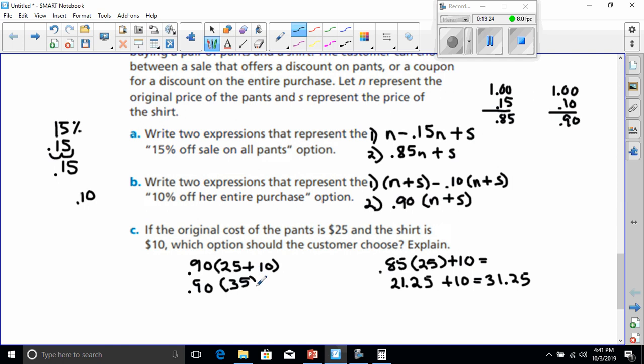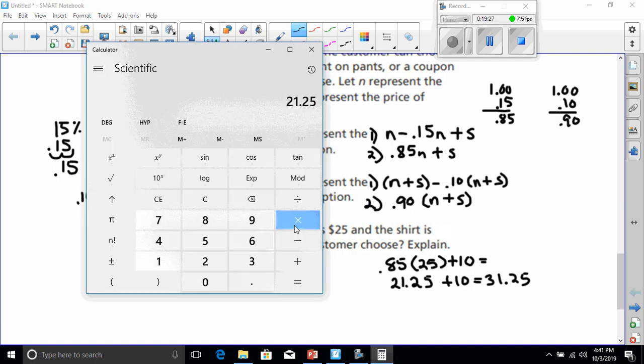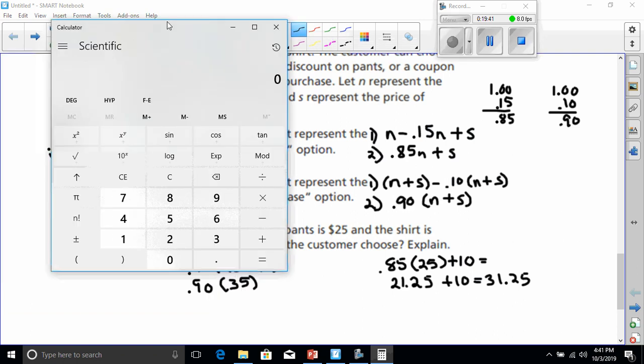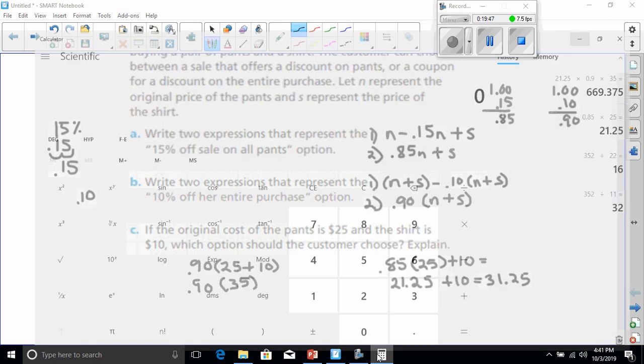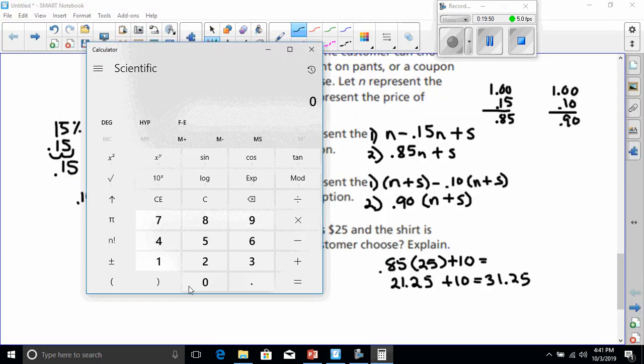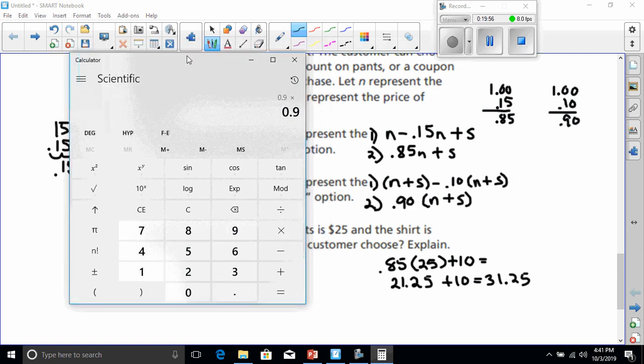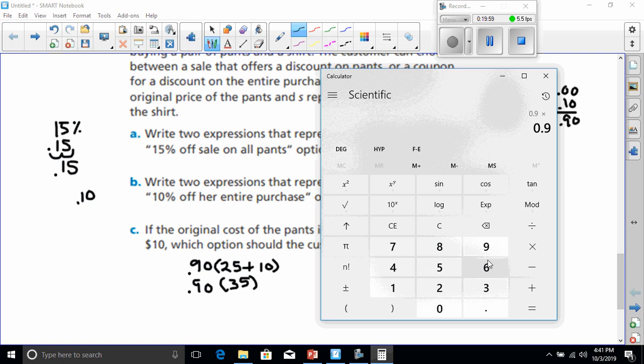And we can find out what that is. 0.90 times 35. I think I did something wrong there. Let's see. Oh, boy, did I really mess up there. 0.90 times 35. $31.50. Okay.